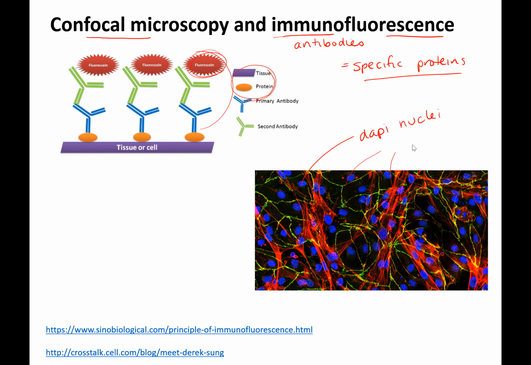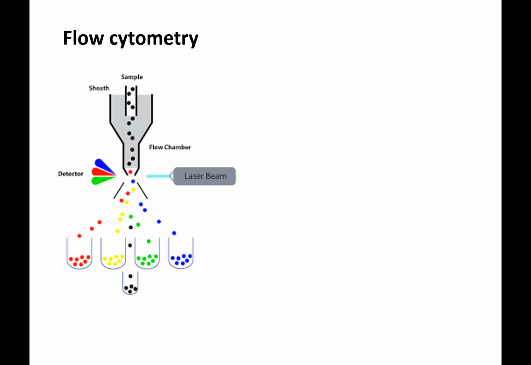Flow cytometry is just a way to sort or discriminate between different cell populations from a mixture.